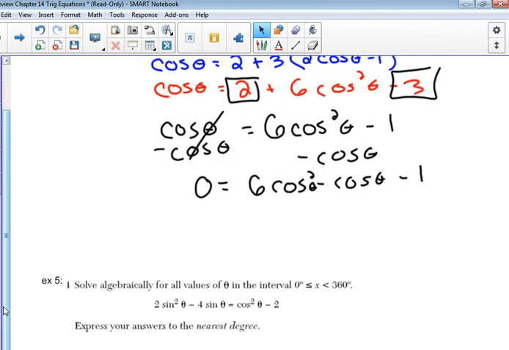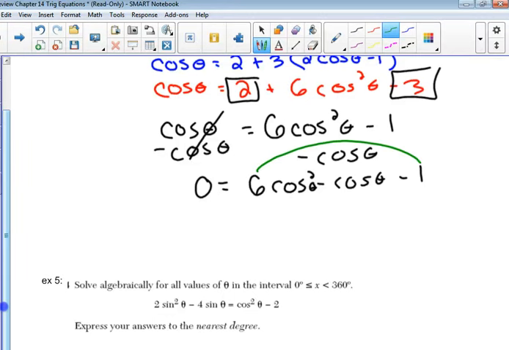So you do grouping? I do guess and check. I like guess and check the best. Grouping is good, but it takes so long. Alright, so if we multiply 6 times negative 1, we get negative 6. So we need things that multiply to negative 6, but can make a negative 1. 2 and 3, good. Alright, so we got our 3, we got a 2. Which one's going to need to be negative?